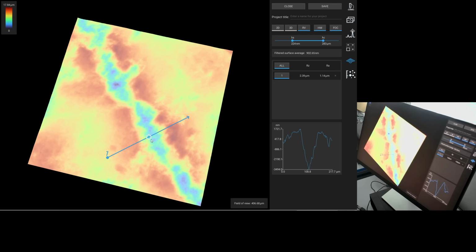What would cause a scratch and then leave a raised ridge on the sides? What would cause that? We've seen it before.